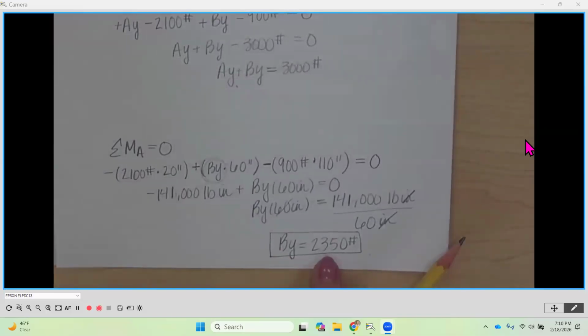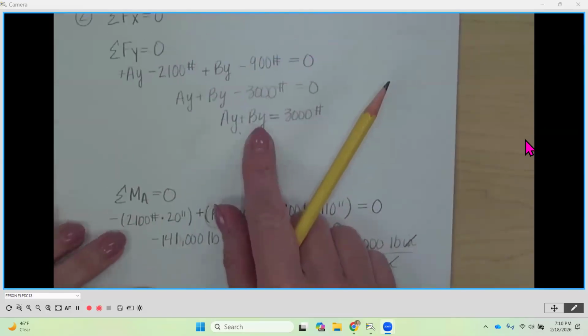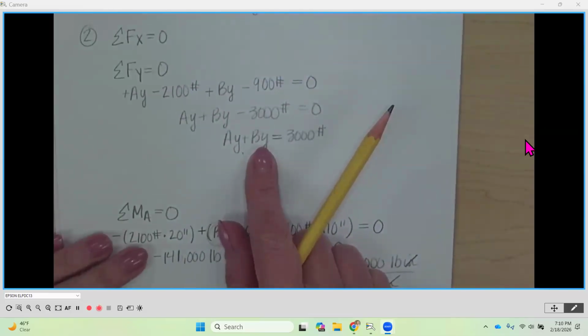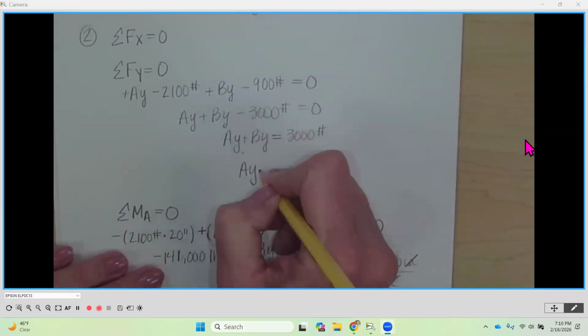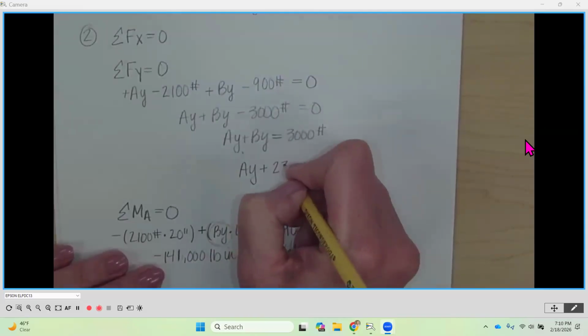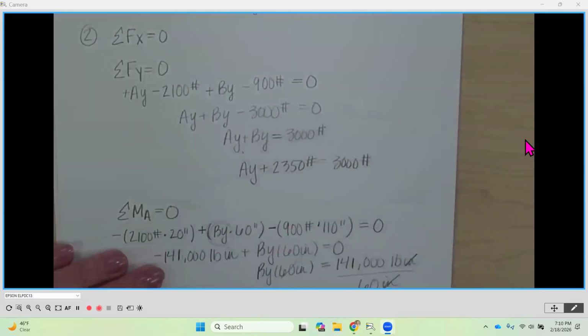So now that I have By is equal to 2350 pounds, I can go back up to my sum of the forces in the Y direction equal to 0, and substitute my By back in here. Then Ay plus 2350 pounds is equal to 3,000.